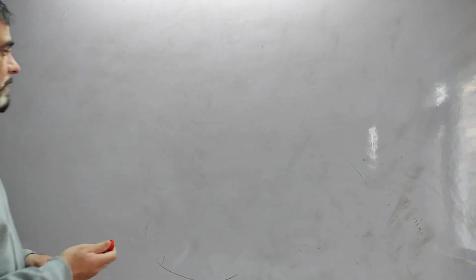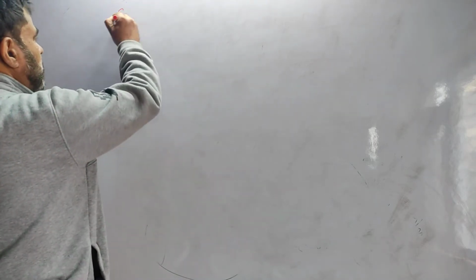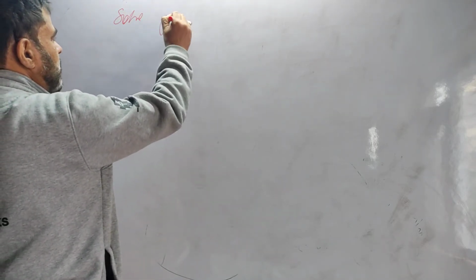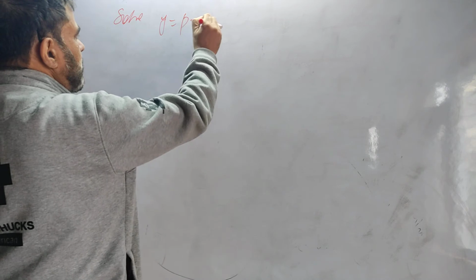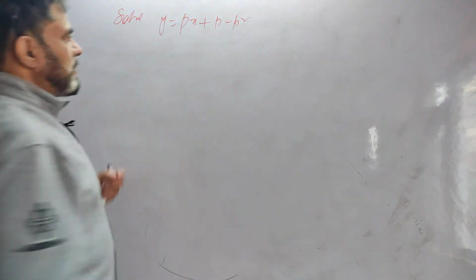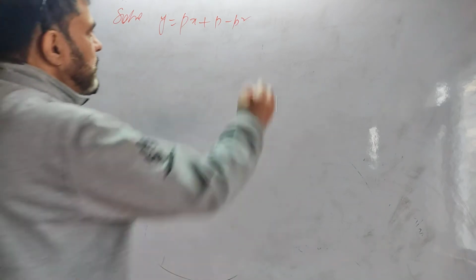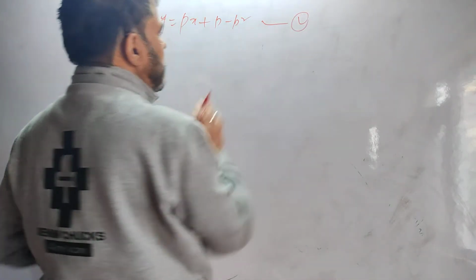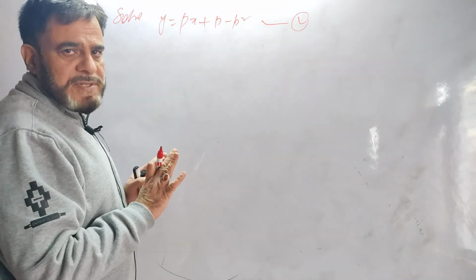Suppose you want to solve y is equal to px plus p minus p square. Solve y is equal to px plus p minus p square. If you observe this differential equation, it is clearly Clairaut's equation.